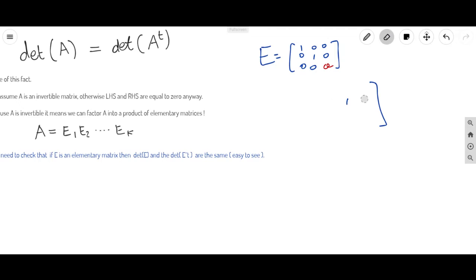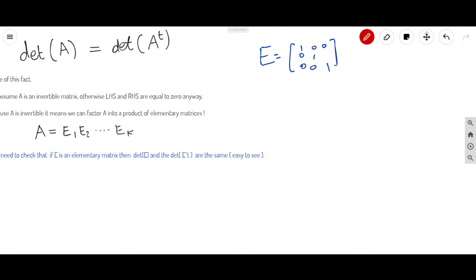So the one thing that's a bit trickier to see, it's not so hard, but a bit trickier, is what if you apply the row operation of adding one row into another row? So let's suppose the row operation here would be that we're adding a factor of, let's suppose, 3 into the second row.